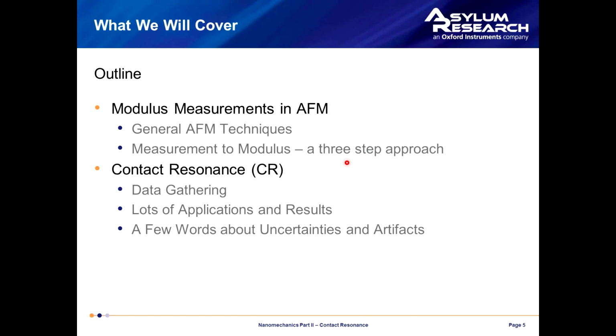We will look at the measurement of moduli as a sort of three-step approach, where we look at acquiring the data, interpreting the response of the data in terms of some sort of stiffness parameter, and then actually getting to the modulus. Donna and I will both talk about different techniques for getting data, so different ways of measuring the contact resonance. We'll talk about a lot of applications and results, and also spend a little bit of time talking about uncertainties and artifacts in the measurements.